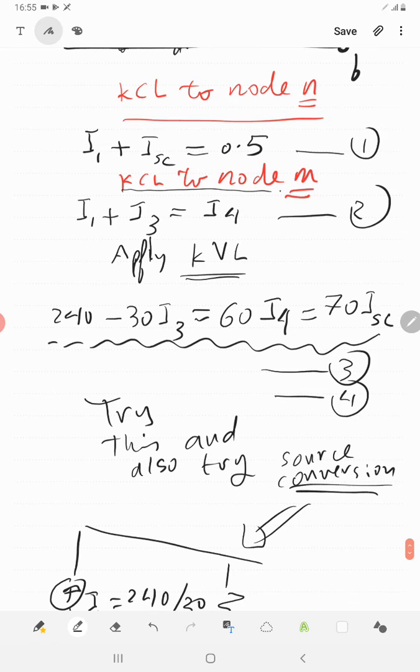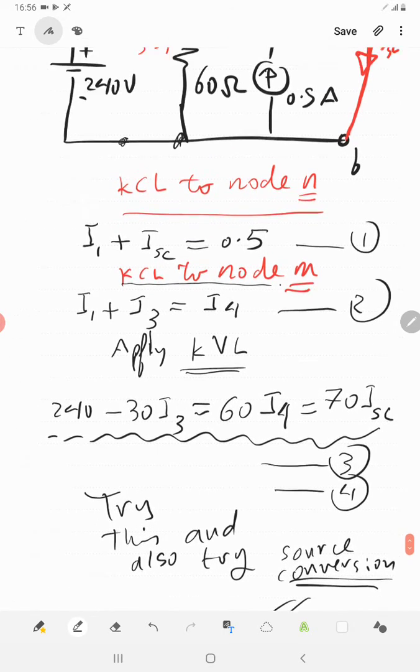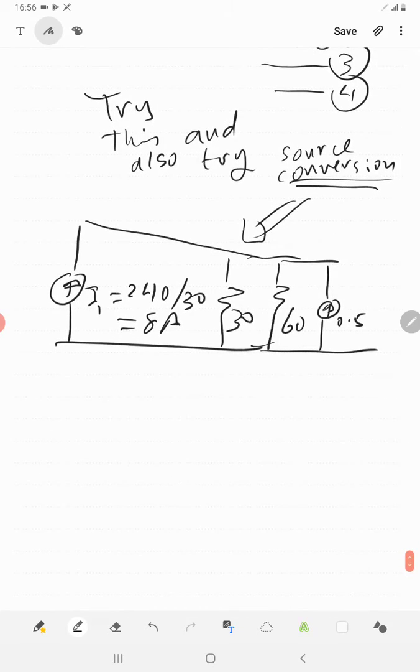Then you also have the 60, the 0.5, the 70 ohms, and you have I short circuit here. You can try the circuit, it could be simpler, but try both to find out. I'll show you now.